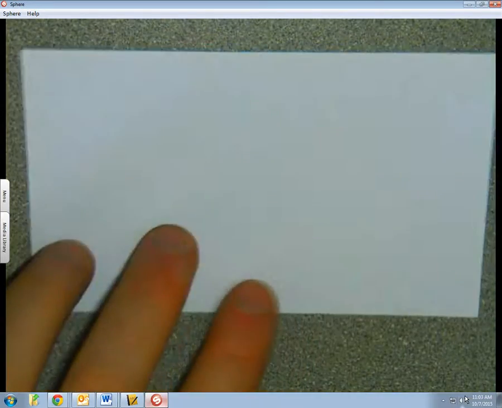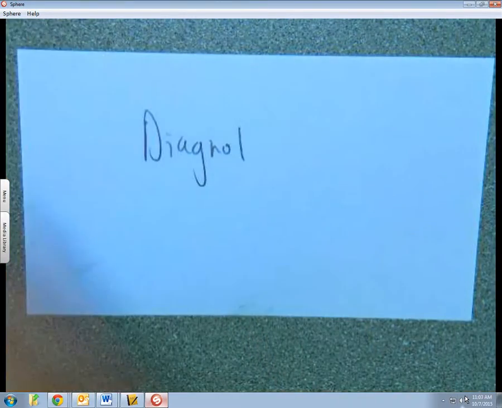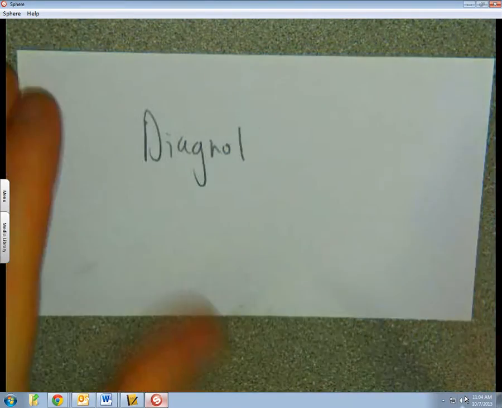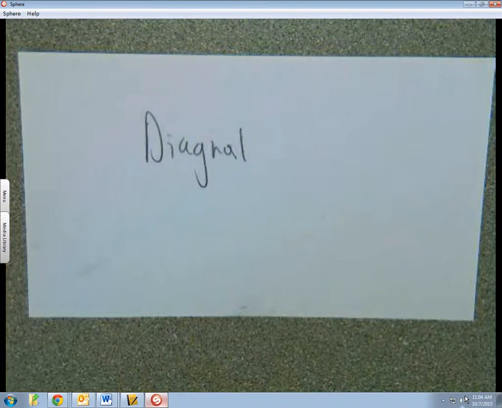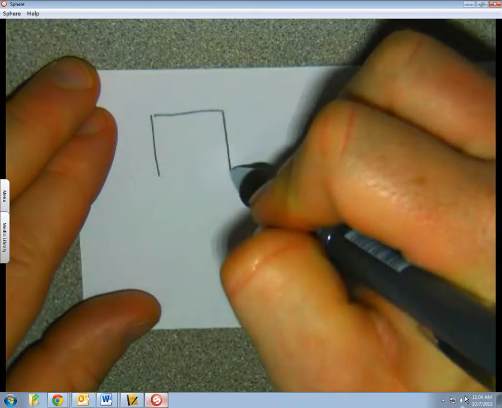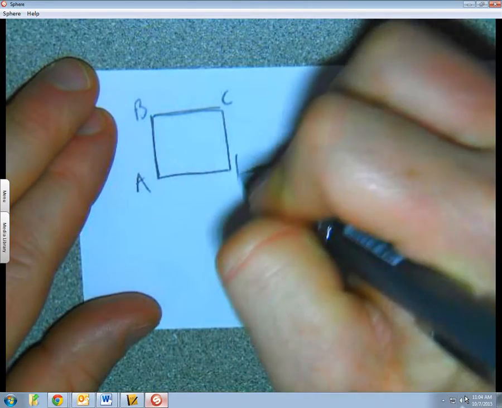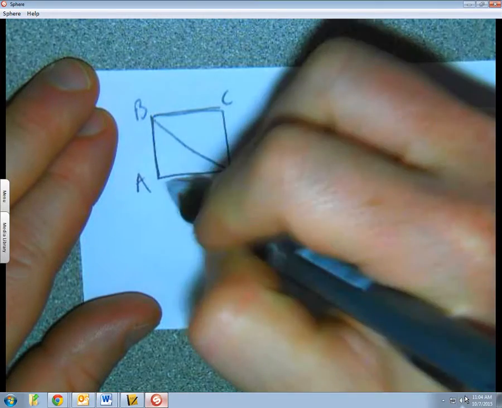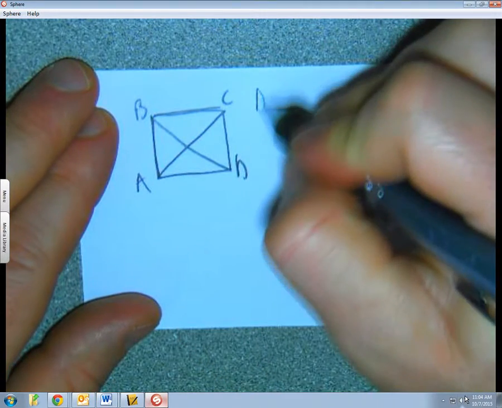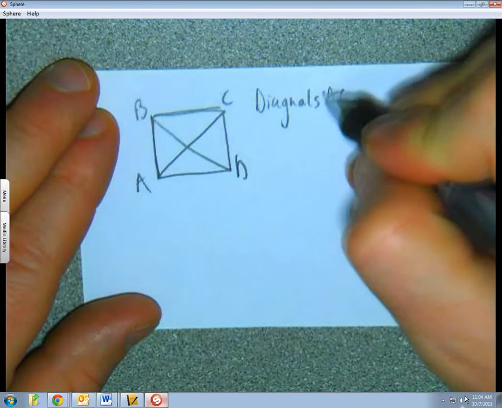Okay. The last one is diagonal. Okay, so diagonal is as such. Right, probably the diagonal you're most familiar with would be here. AC and BD.